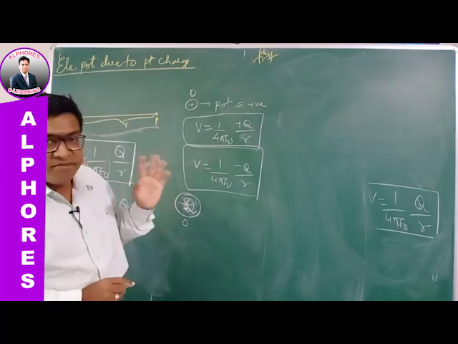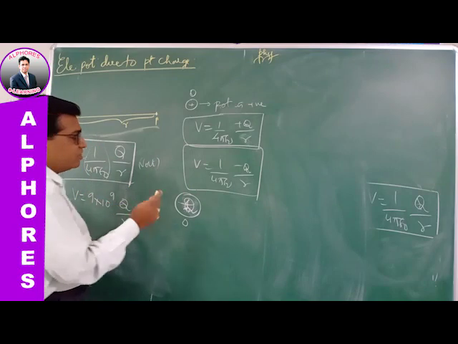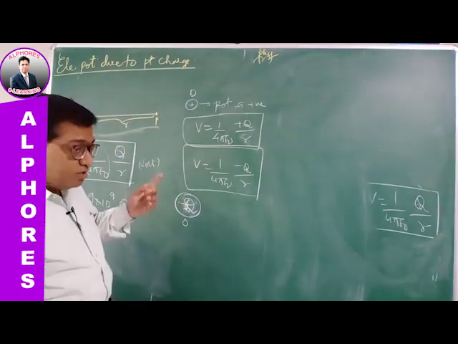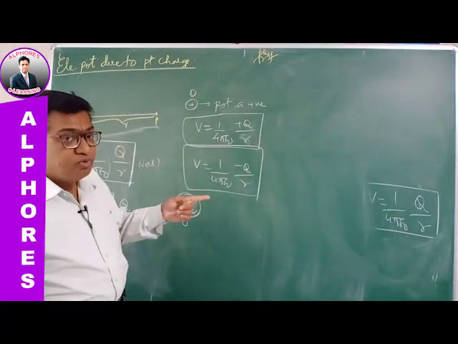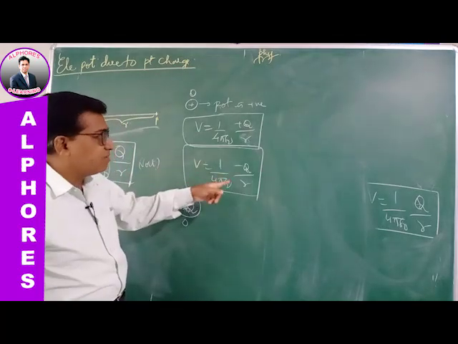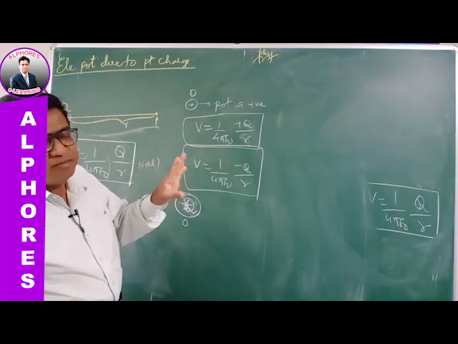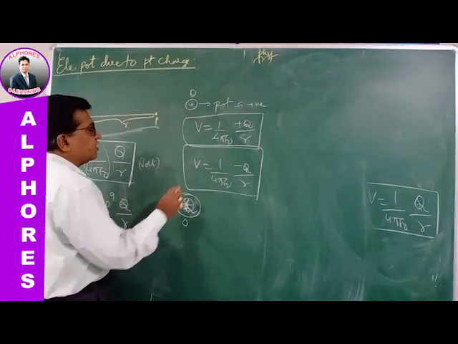Of course, it will be infinity, but it is indeterminate. According to the definition, I am moving the charge from infinity to this point, and the work done to that point, according to the formula, when I put R equal to 0, becomes infinity. But it is indeterminate, so we cannot define the potential at that location.